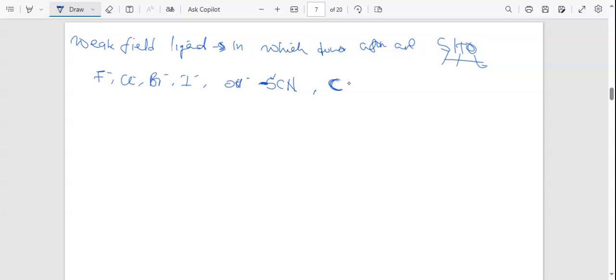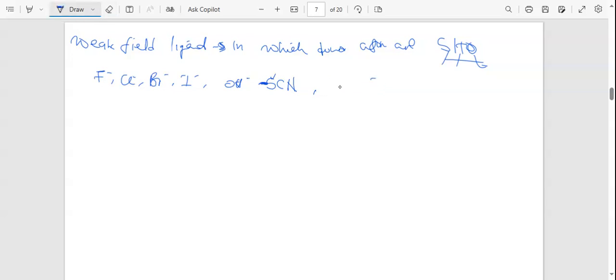So this will be carbonate, carbonyl, and carboxyl. In short, what we are interested in is the oxygen. So when it uses oxygen to bind, then we'll have a weak ligand.